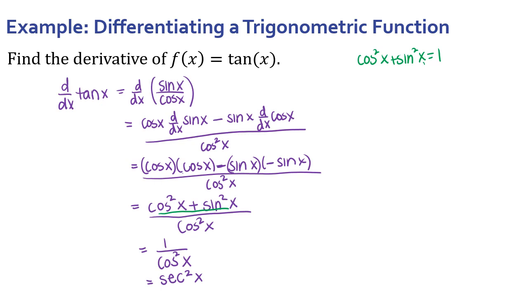Again, 1 over cosine is secant. So you can use this same exact strategy if you ever needed to prove the derivative of the cotangent of x, the derivative of the secant, and the derivative of the cosecant.